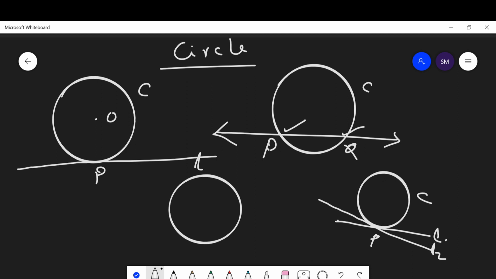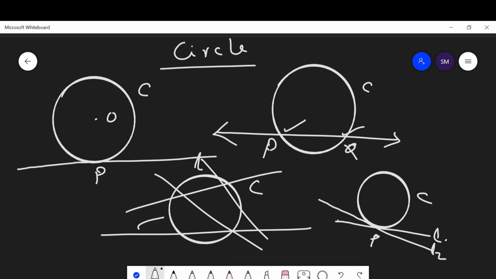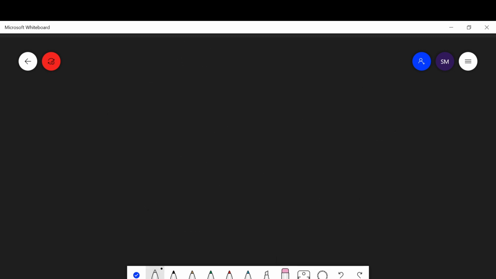And suppose C is the circle, there also infinitely many secants can be drawn. A secant is the line which intersects the circle at two distinct points, while a tangent intersects at a single point. Okay, let us discuss some properties of tangent.